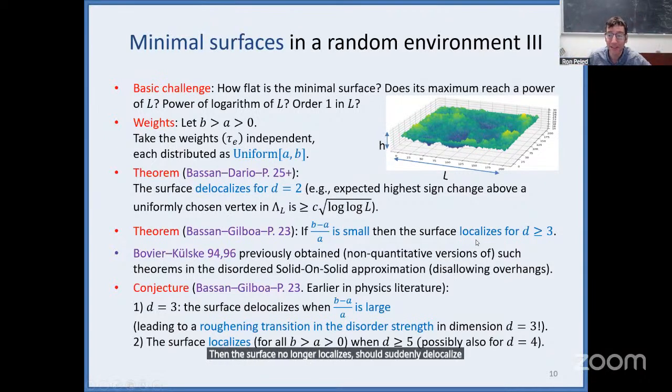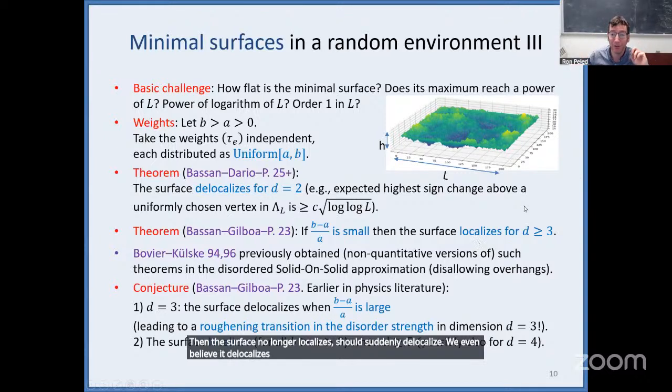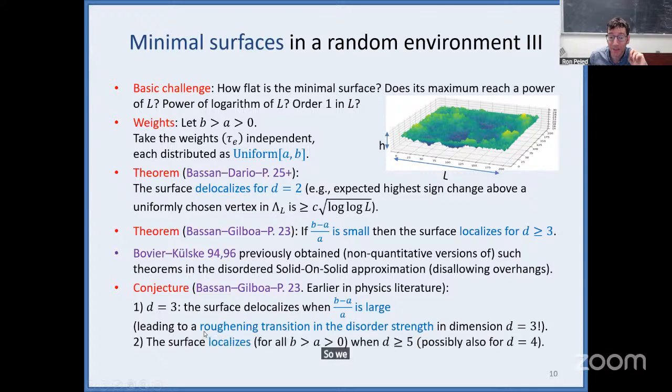We even believe it delocalizes like a power of L, very strongly. So we believe that there is a roughening transition: the surface becomes rough as you make the disorder strength larger, in dimension 3.